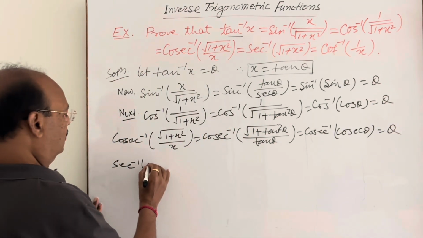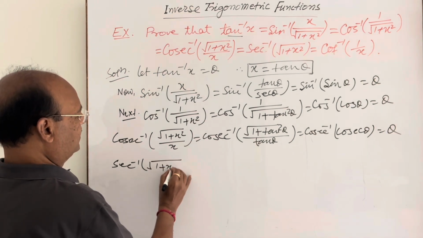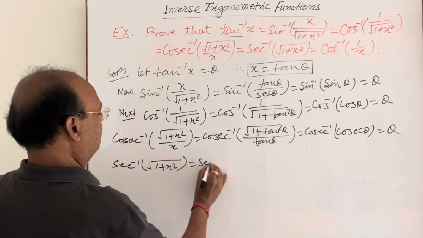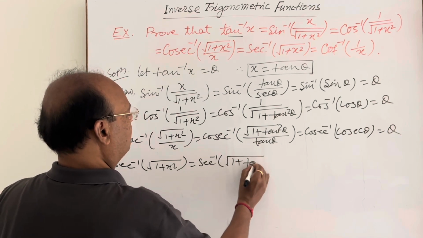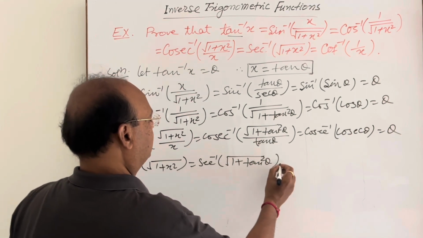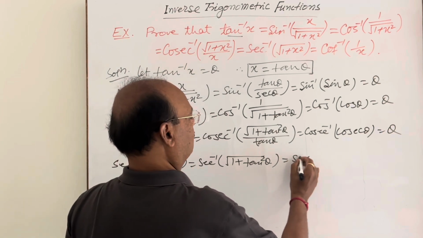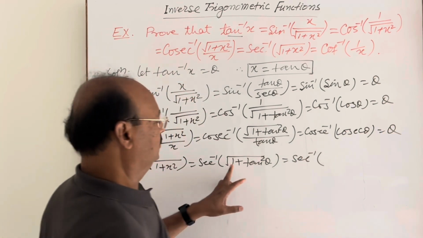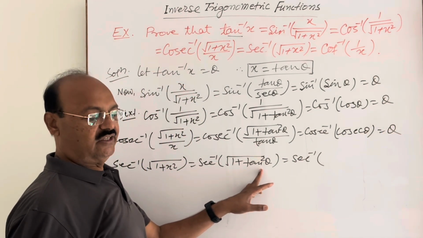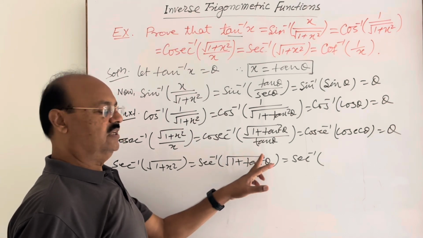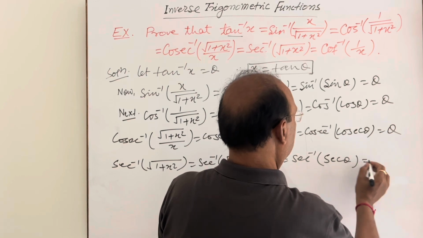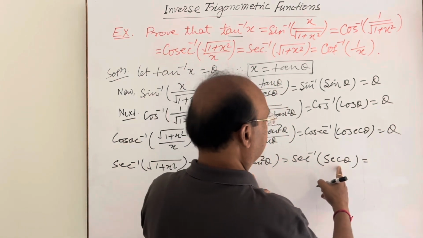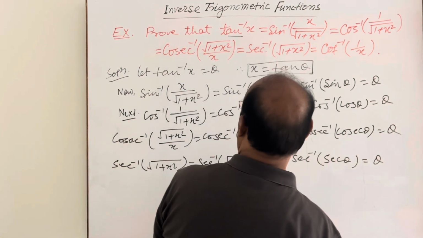Sec inverse of root over 1 plus x square. This is equal to sec inverse of root over 1 plus tan square theta. 1 plus tan square theta is sec square theta, its root is here, so sec theta. This is equal to sec theta, and sec inverse of sec theta is equal to theta.